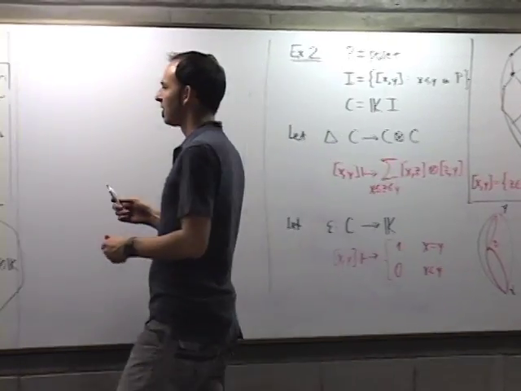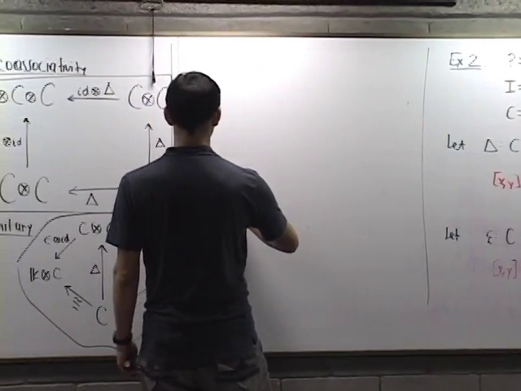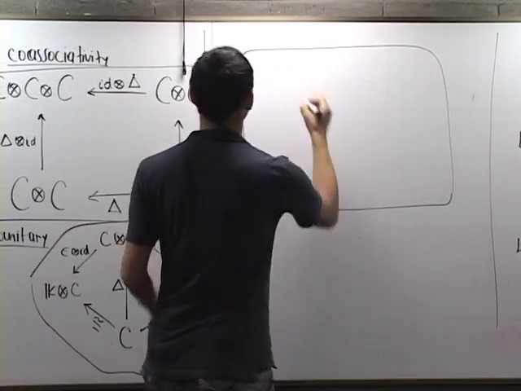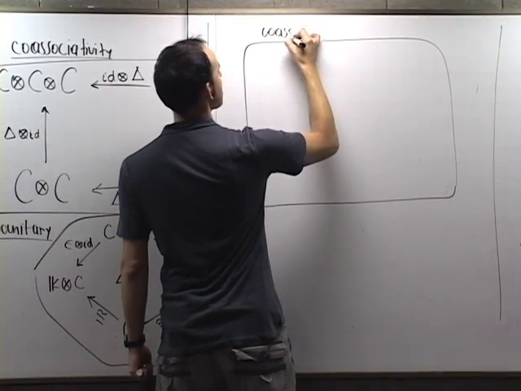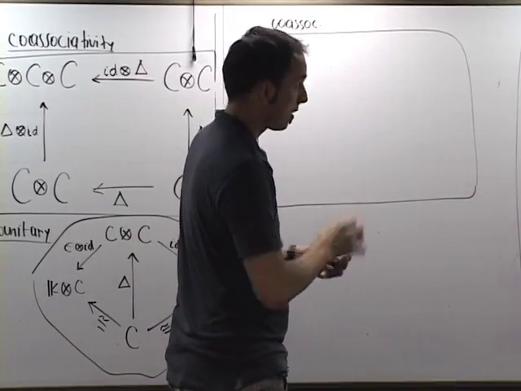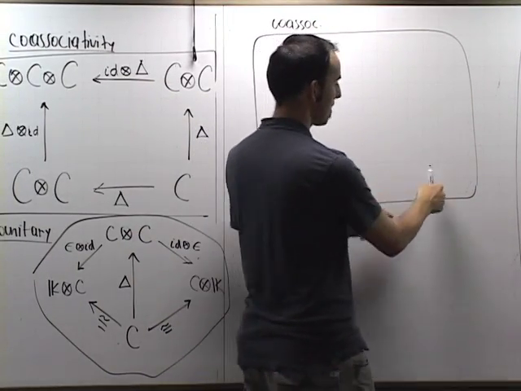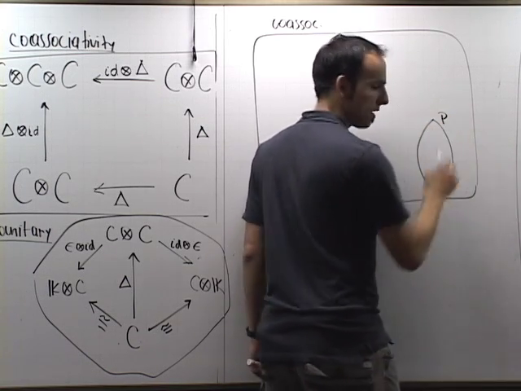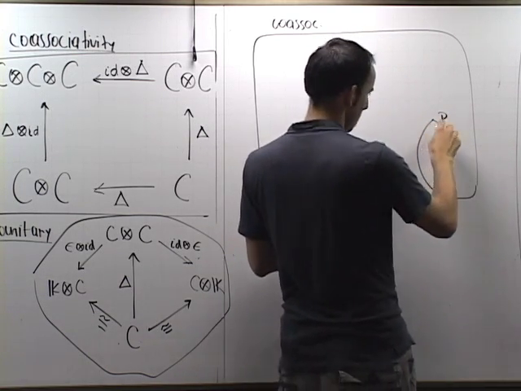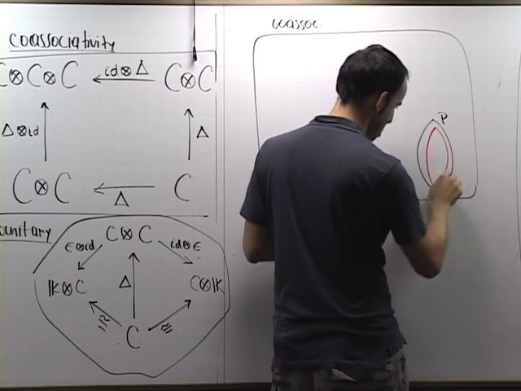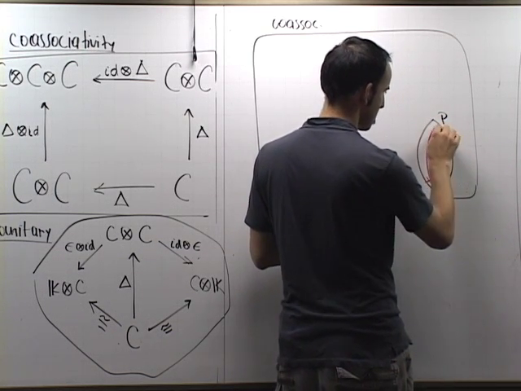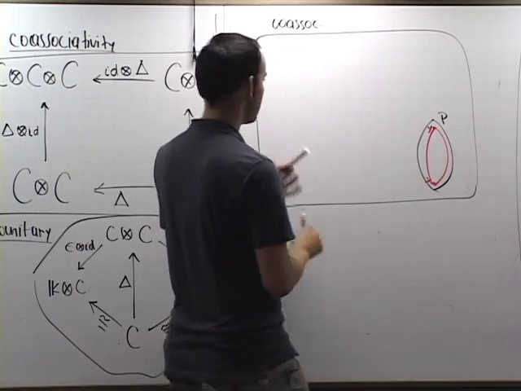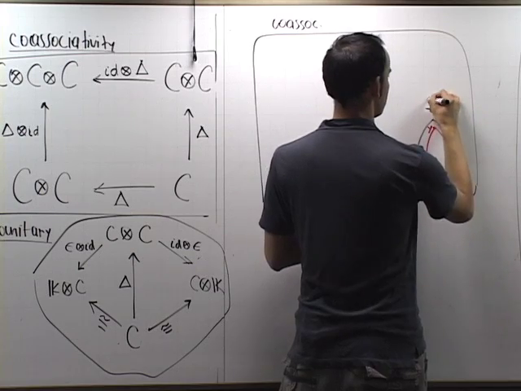Okay? So let's do this. Okay, I'm going to check coassociativity. Okay? Let us take a basis element here. Okay, so here's the poset, and our basis element is some interval here. Okay? Who does this get mapped to?